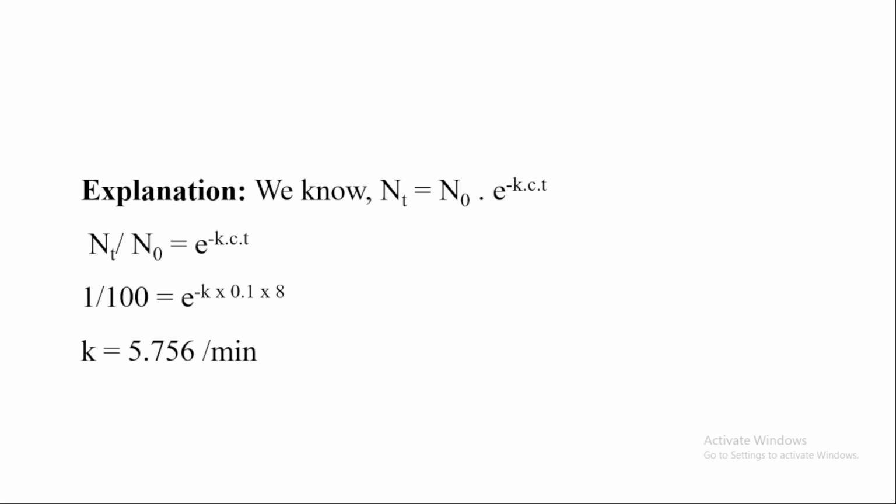So if the initial number of bacteria was 100, the final number of bacteria will be 1. Time taken to kill those bacteria is 8 minutes. Concentration is given as 0.1. We have to solve for k. So 1 upon 100 is equal to e raised to the power of minus k into 0.1 into 8. When you solve this, you will get the value of k to be 5.756 per minute.